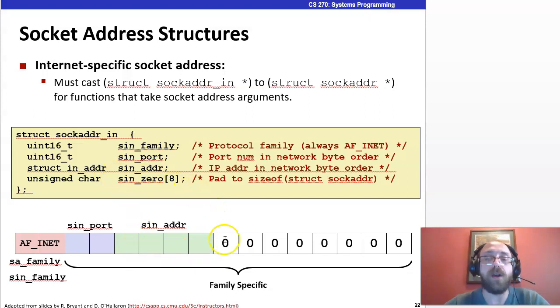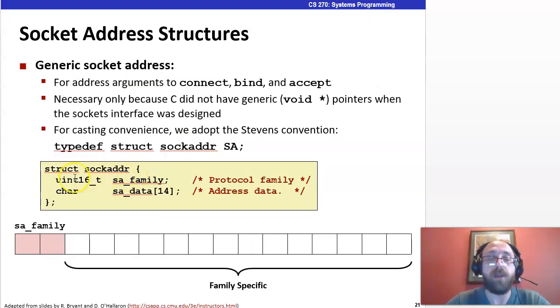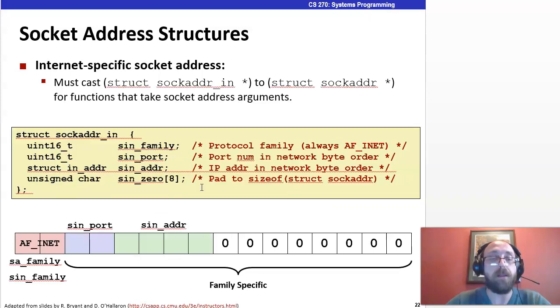And then we have enough padding to fill it out to the size of a struct sockaddr. Struct sockaddr is bigger than we need for an internet IPv4 address, but because some other protocols have longer addresses or longer port numbers or additional information, and because the functions that we call are going to be looking at the full, as we can see here, 16 bits, 2 bytes, plus another 14 bytes, 16 bytes.